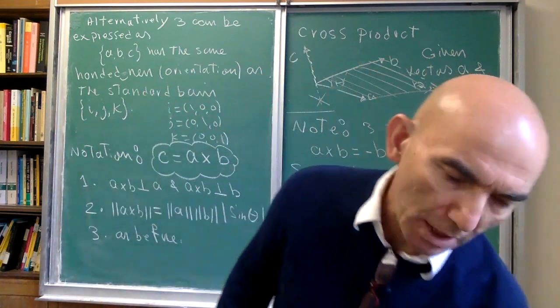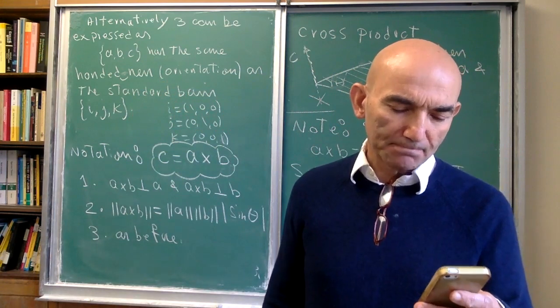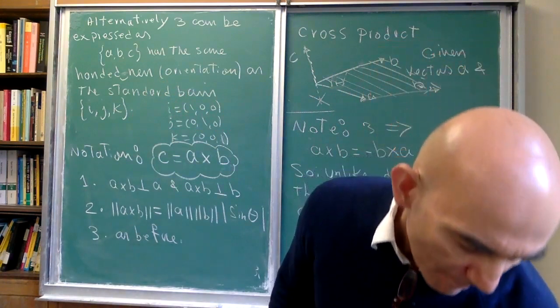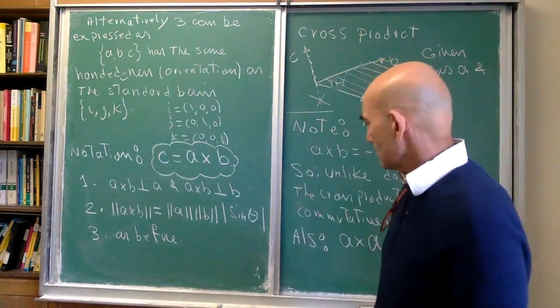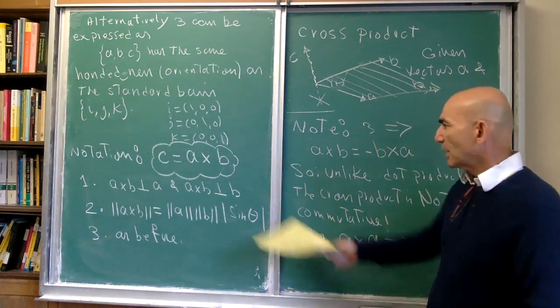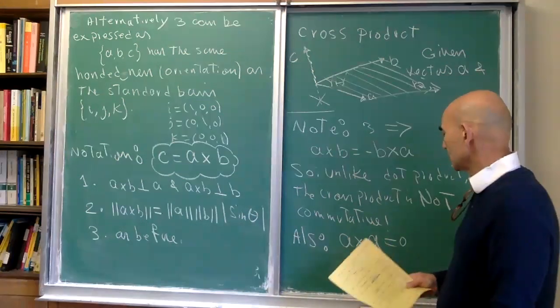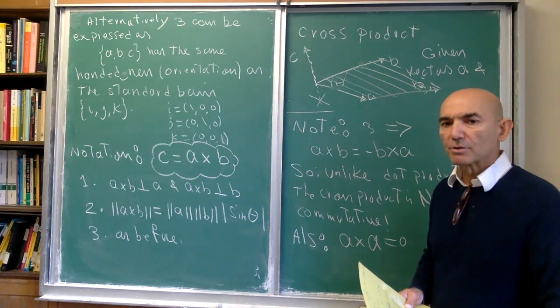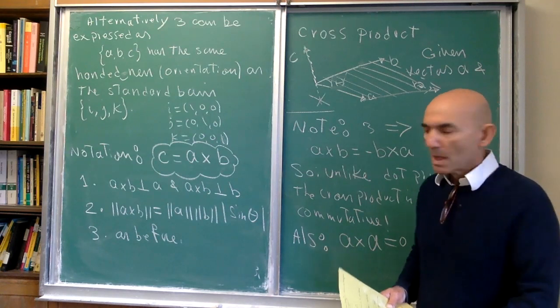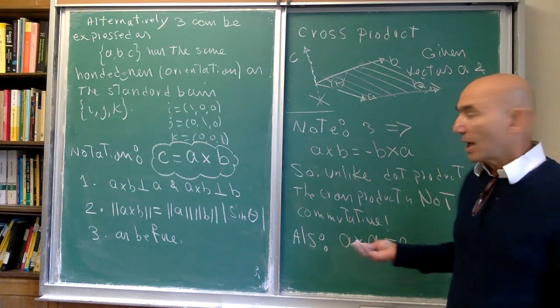How can you prove this? Just think about it for a moment. How can you show that A cross A is equal to 0 for any vector, no matter what? Okay, so the answer is, well, there are two ways you can actually do that.